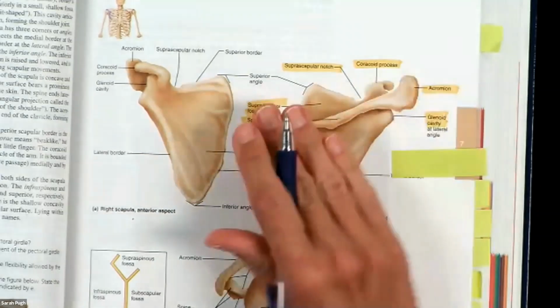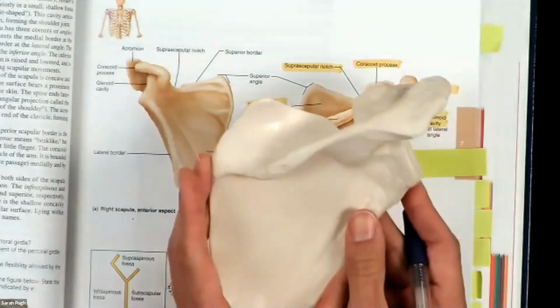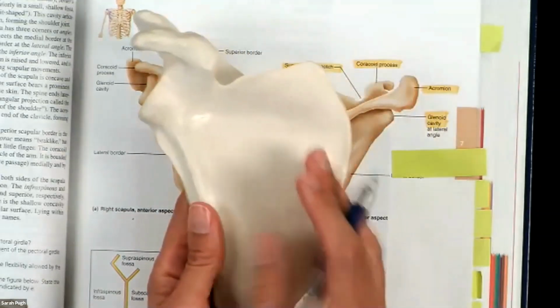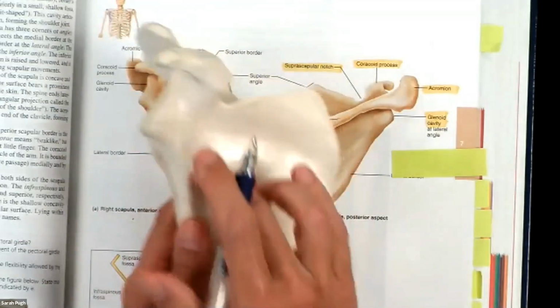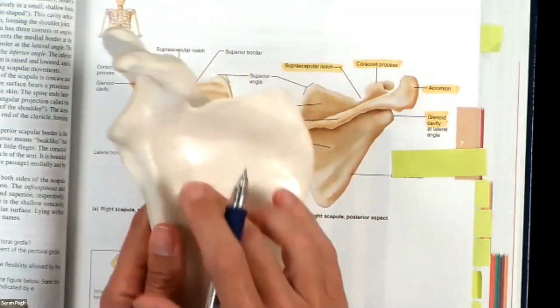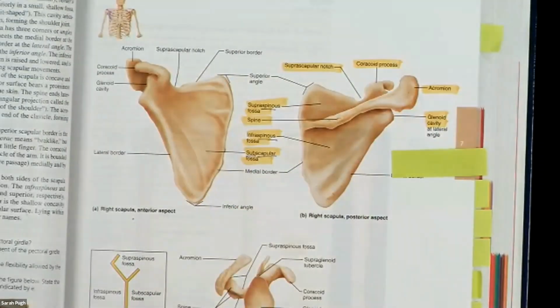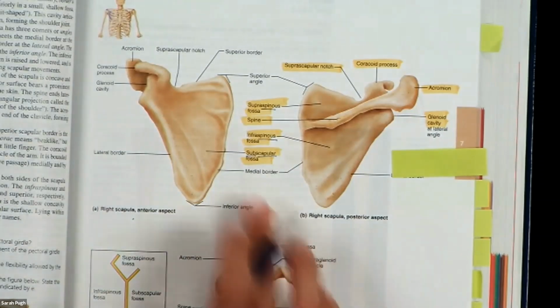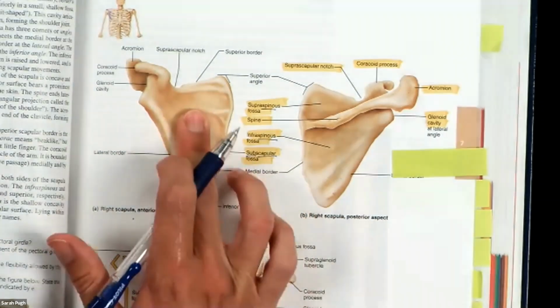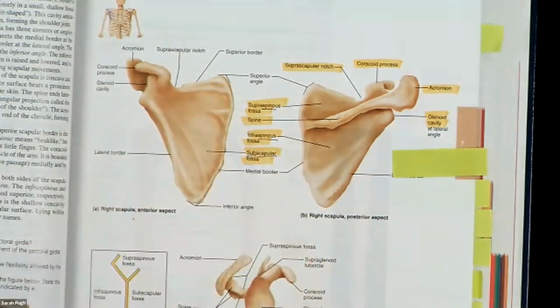And then if we were to flip the scapula over and look at it from the underside, you can see there's also a groove in here, a divot. That's called the subscapular fossa. Again, notice the name. Sub means under the scapula. So notice there's no spine in the name of this one because it's not below the spine. It's on the other side of the scapula.